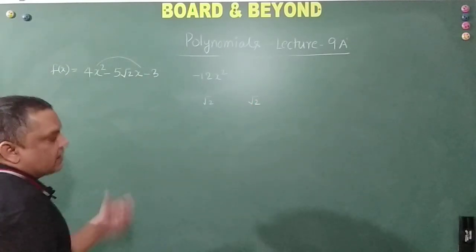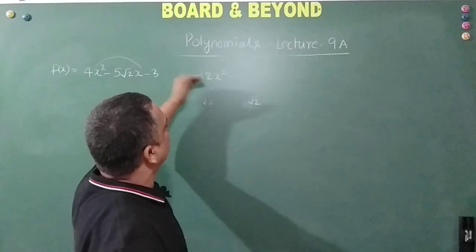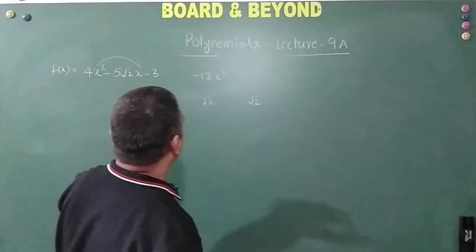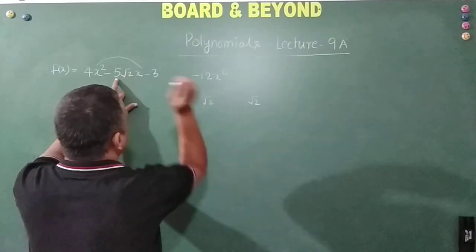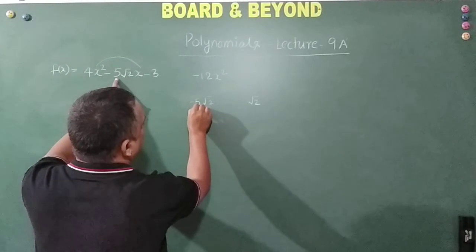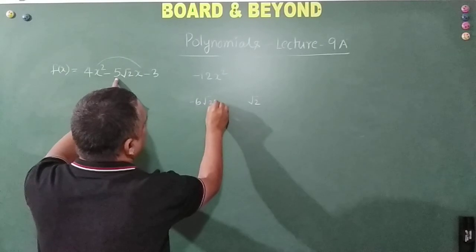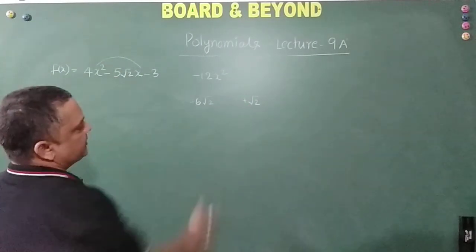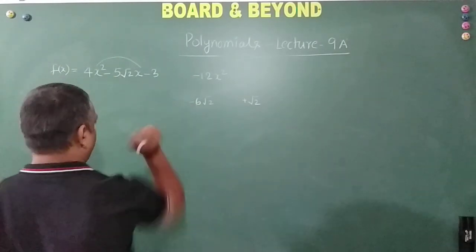Right. So what we have done is that we have taken out root 2 into root 2, that is 2, from 12. Remaining is 6. So we need to factorize 6 so that I can get 5, right, with a minus sign. So minus 5, minus 6 and this is plus. So what happens when I add these two, root 2 taken common, I will get minus 5, right?